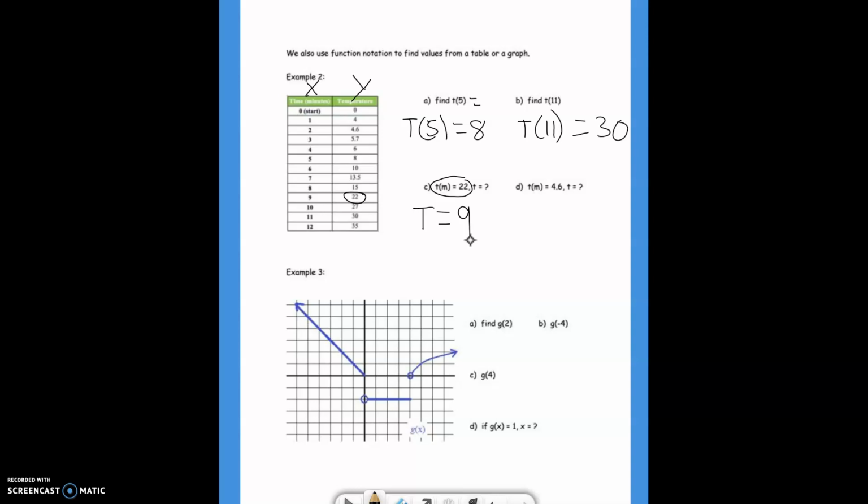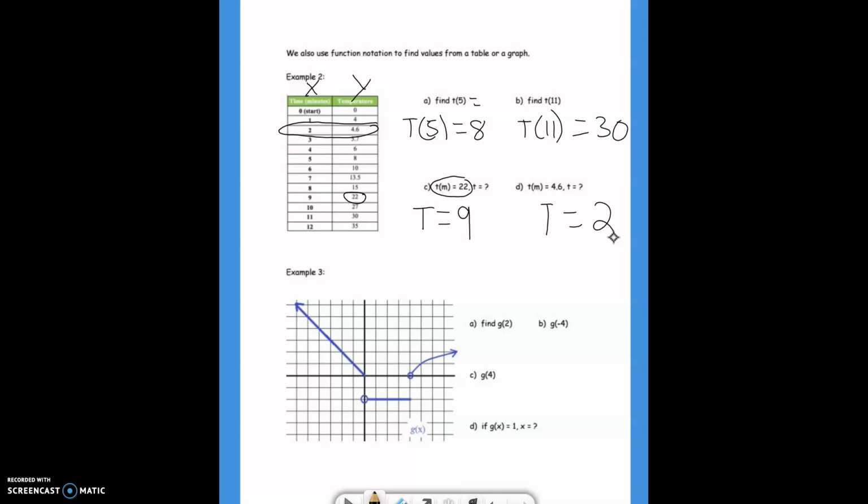And then on this one D, when the temperature is 4.6, the time equals 2, right? Okay. Pretty easy math. It's just getting used to learning how to read it.